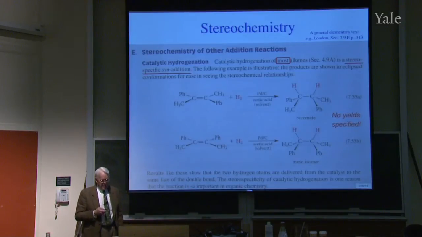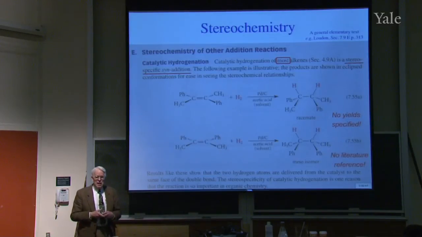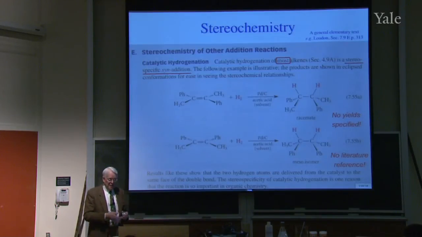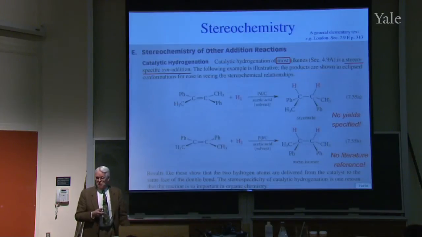So it doesn't say what the yield is. And it doesn't give any reference to the literature where you can look up and see what the yield was or how they did it, or how much of the other isomer there might have been there. Now this is very typical for textbooks, and I have no doubt that this happens with high specificity in this case. But on the other hand, you shouldn't be satisfied with that.